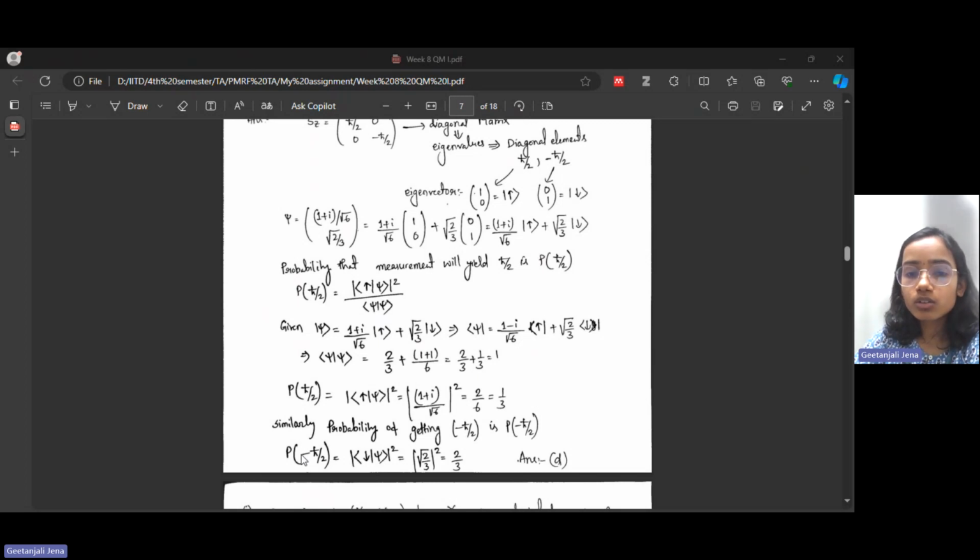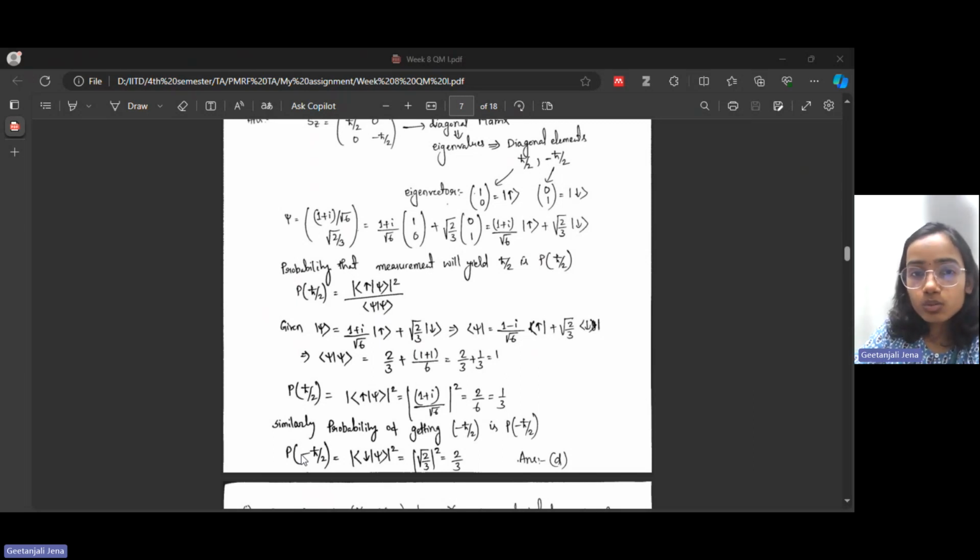Similarly, if you want to find out the probability of getting minus h squared by 2, this is nothing but getting the eigenstate, which is the down state, with eigenvalue minus h squared by 2. So the probability will be the square of the inner product of the down state with psi.